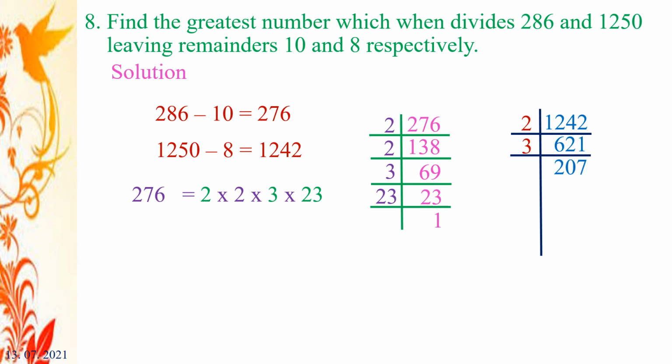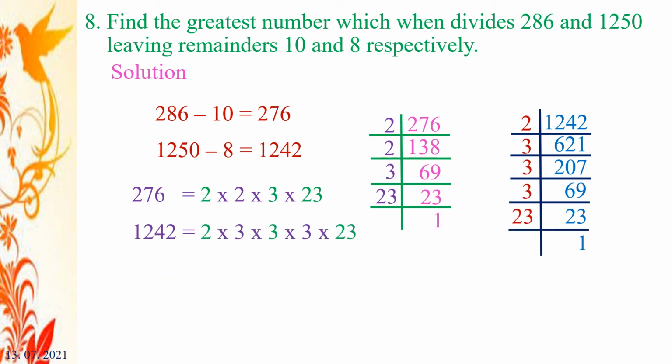It is also an odd number, so take 3 and divide, we'll get 69. 69 is also an odd number, so it is divisible by 3, so we'll get 23. 23 is a prime number, so it is divisible by 23, so we'll get 1. Now you can write all the factors of 1242 equal to 2 multiplied with 3 multiplied with 3 multiplied with 3 multiplied with 23.